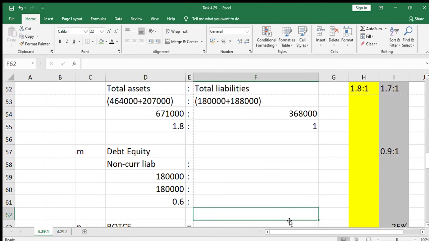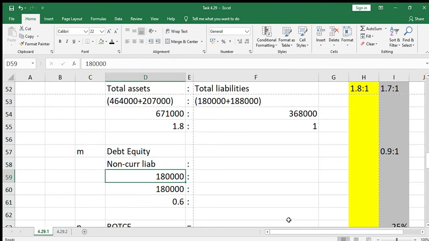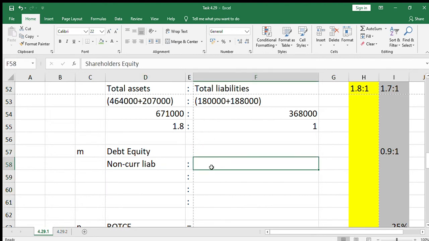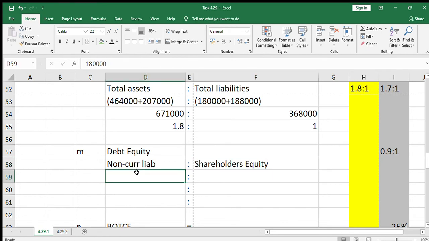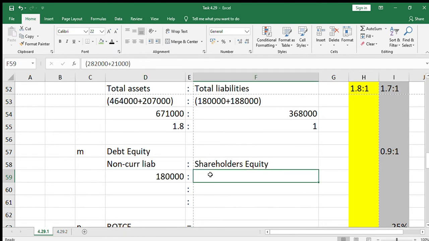Okay, for M, we're calculating the debt equity ratio. So the formula: non-current liabilities is to shareholders' equity. The non-current liabilities for this year are 180,000. And shareholders' equity for this year will be ordinary share capital plus the retained income.